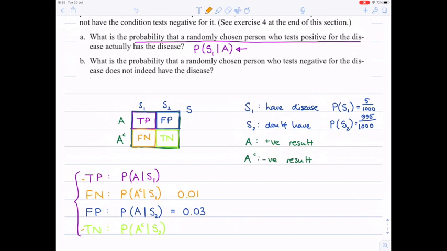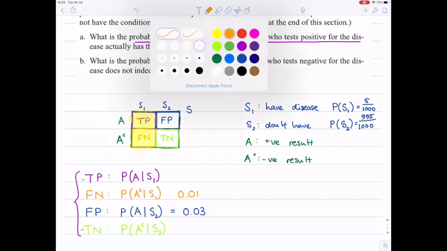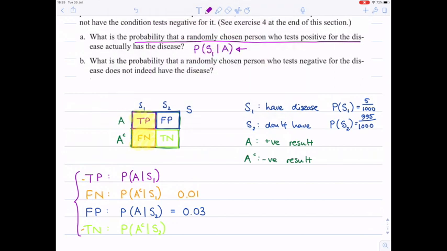And the way we do this is we look at all the people who have the disease, and they either get a false negative or a true positive. But we know that 1% of them get a false negative, so that means all the rest of them must get a true positive. So we know that our true positive must be 1 minus 0.01, which is 0.99.